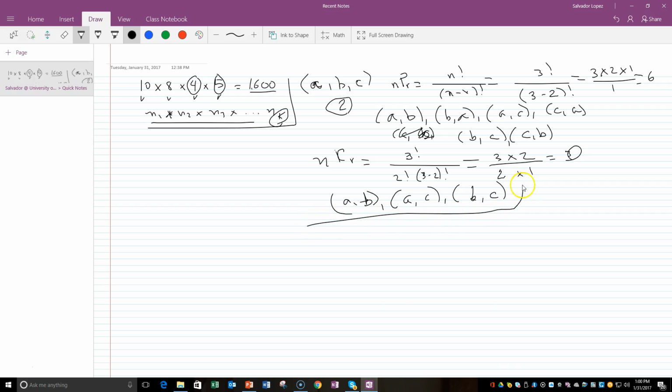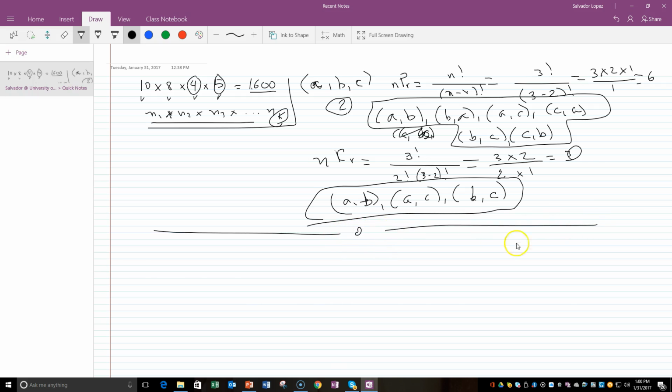Alright, so those are the 3 different ways that two letters can be selected from the 3, in this case A, B, C total, if the order doesn't matter. But if the order matters, then there are 6 ways, which is the case of permutation.